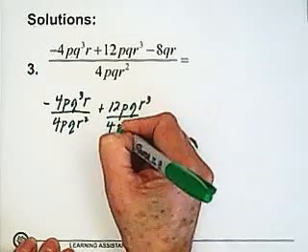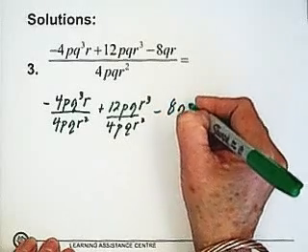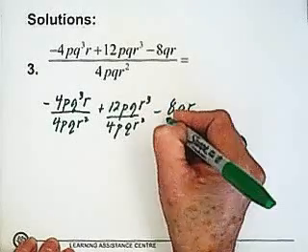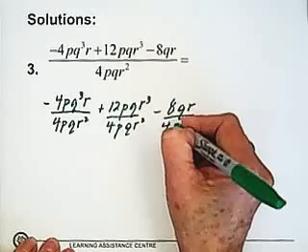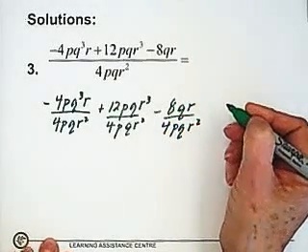That's a cube. Minus 8q r over 4p q r squared.